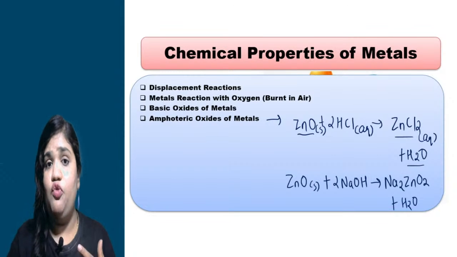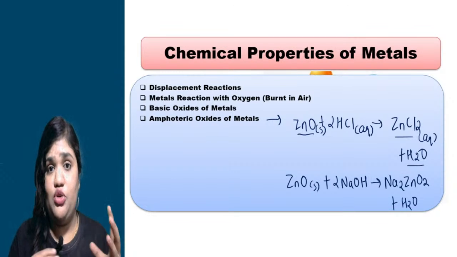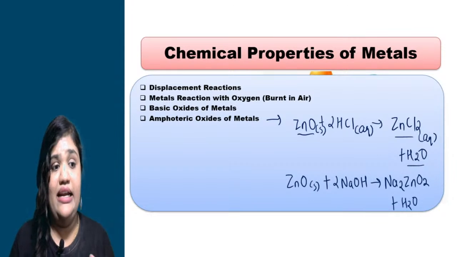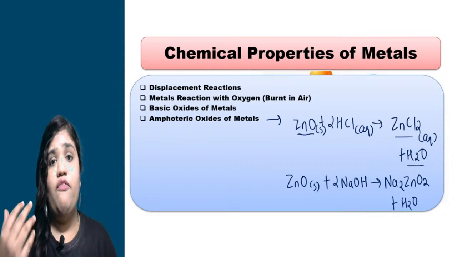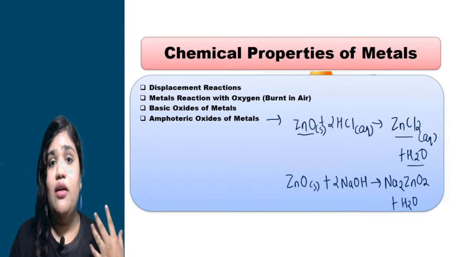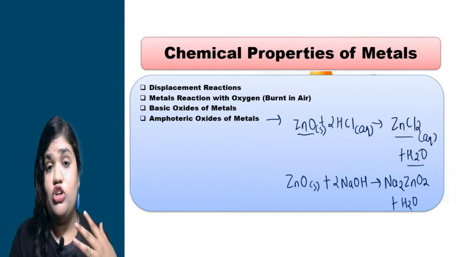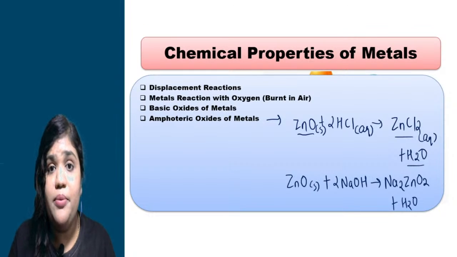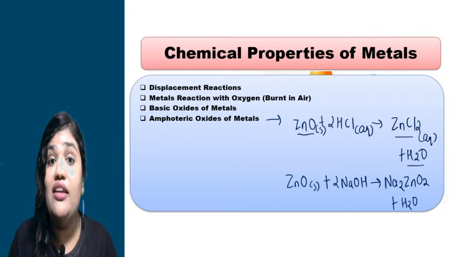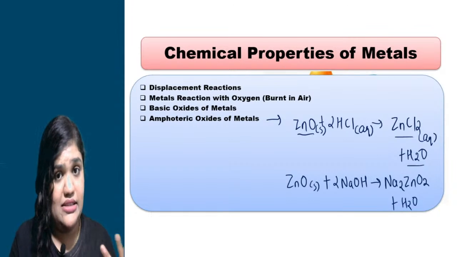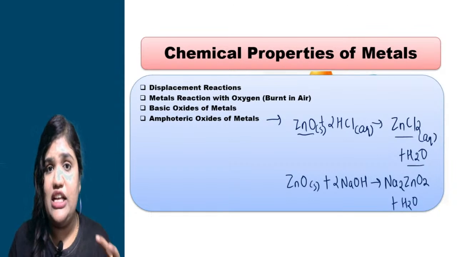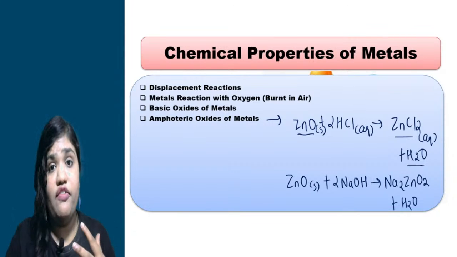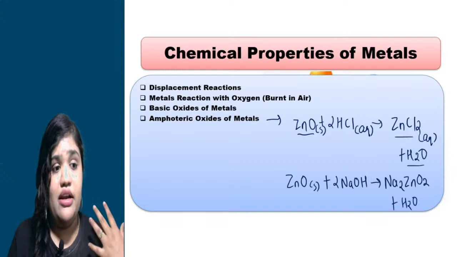I have given you various examples of what happens when metals react with air or oxygen. When metal oxides dissolve in water, there is a formation of alkali. Alkali means base. That reaction is known as basic oxides of metals. In this way, metal oxides can convert into alkali.